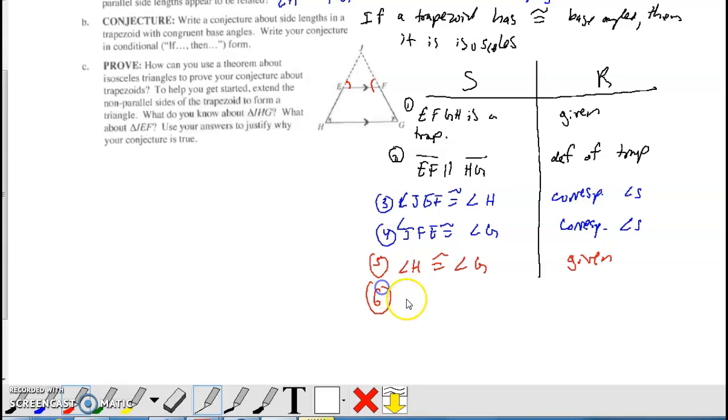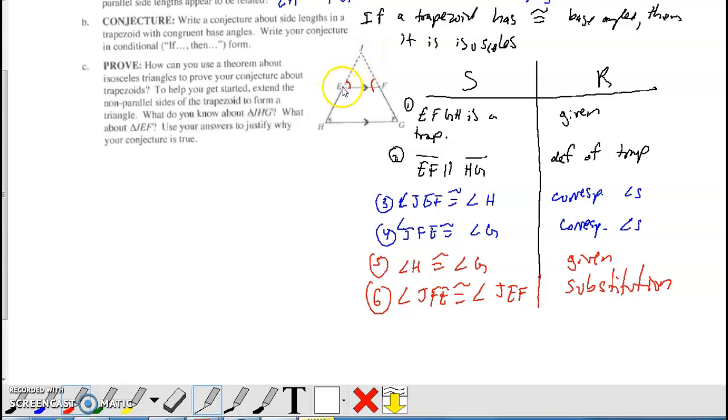So I'm going to say angle JFE and angle JEF are congruent to each other. And why did I do that? I did it by substitution. Nothing fancy schmancy.